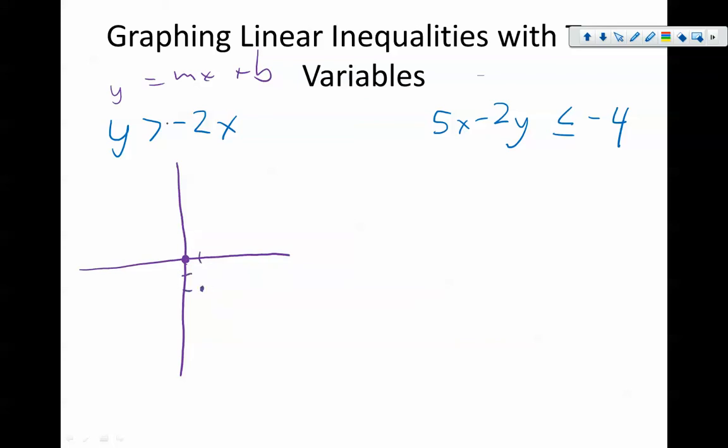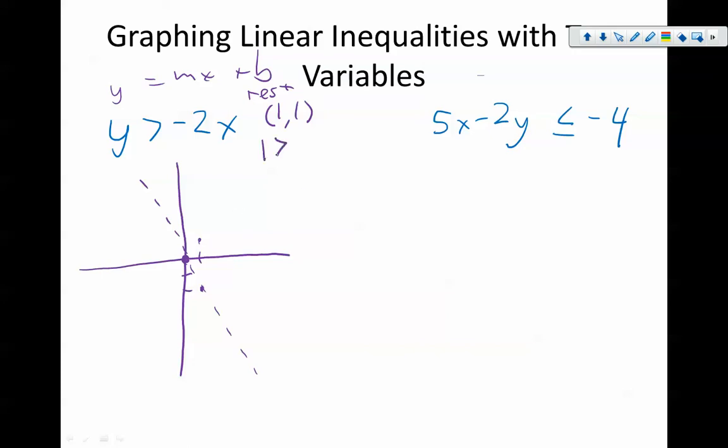Notice that it's a greater than symbol, not greater than or equal to. So I'm going to mark this with a dotted line. And then I have to decide what's the true side and what's the false side. Well, I'm not really sure, so I'm going to just pick a test point. We're going to test (1, 1). If (1, 1) works, then everything on that side will work.